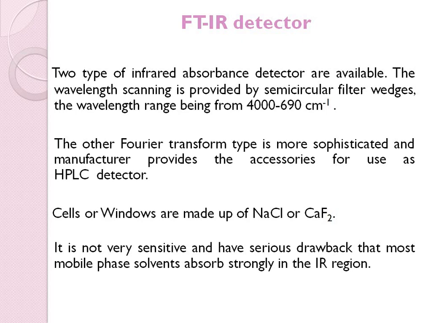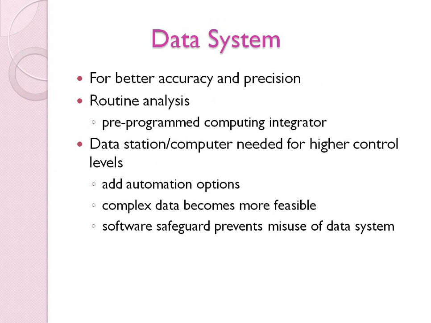The other, Fourier transform type, is more sophisticated, and the manufacturer provides accessories for use as HPLC detectors. The cell windows are made of NaCl or CaF2. It is not very sensitive and has the serious drawback that most mobile phase solvents absorb strongly in the IR region.